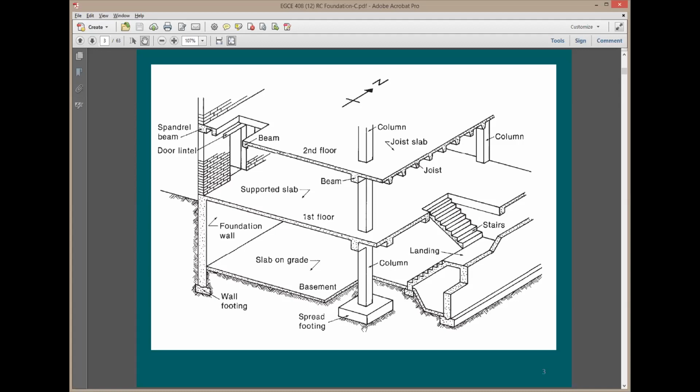And this contact pressure, which means the pressure on the soil itself, needs to be within certain allowable values. These are usually determined by a geotechnical engineer or soils engineer. And as a structural engineer designing the footing and the column and the entire thing, I just need to take this value from the soils report or geotechnical report and use it in my design.